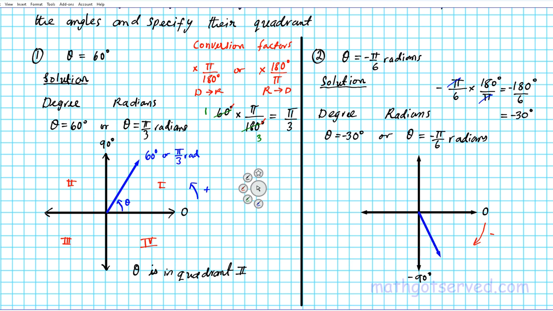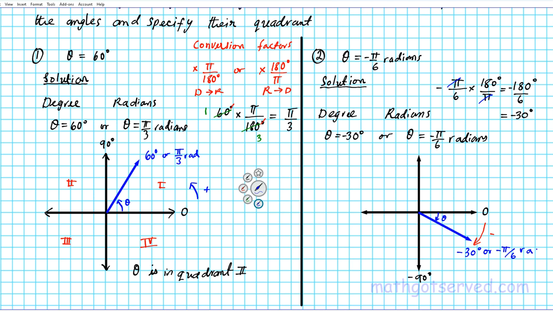But we need to back up because it's too small. Halfway is negative 45, and negative 45 is smaller than negative 30, so back up a little bit more. So it's around there, that's where our terminal side is. So this is theta.